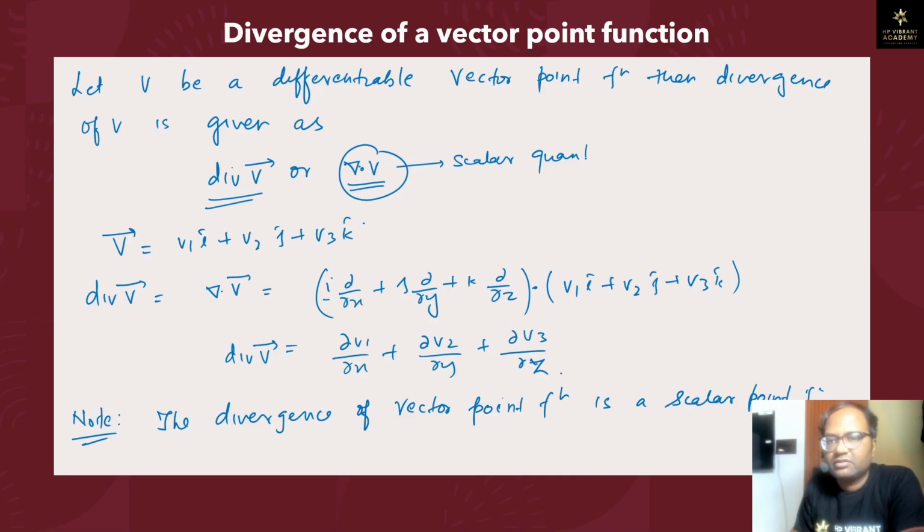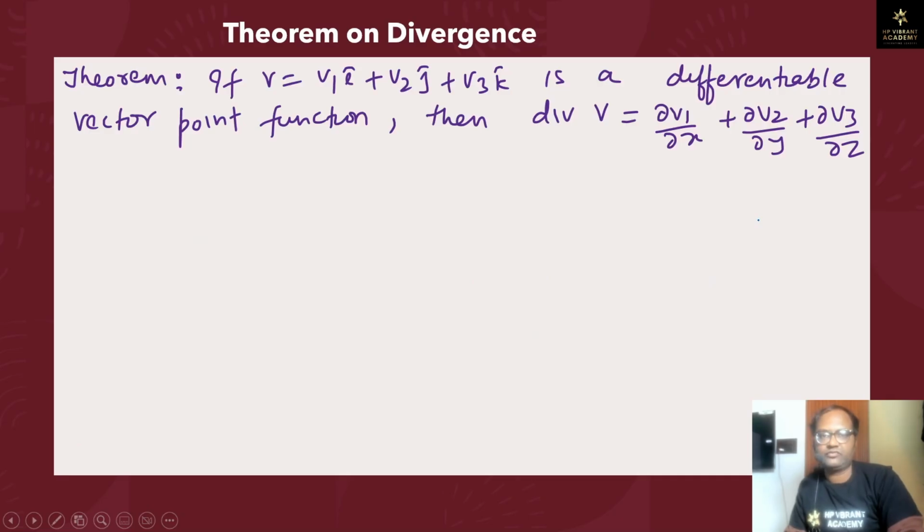While in case of gradient, suppose f is a scalar point function, because gradient applies on a scalar point function, the gradient of a scalar point function is a vector quantity. So let us move on further.